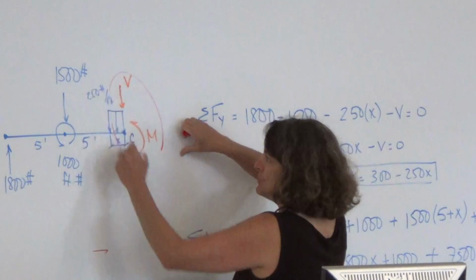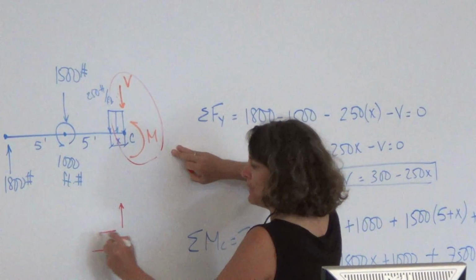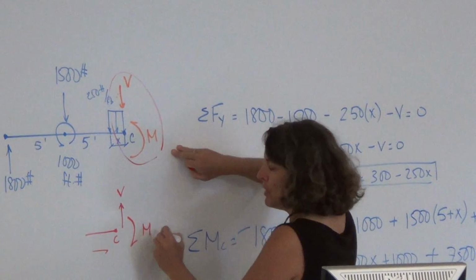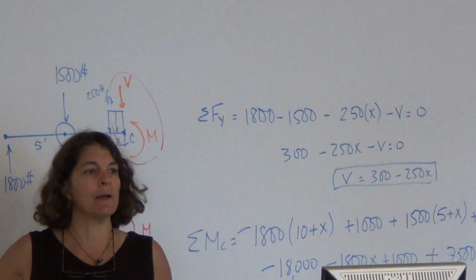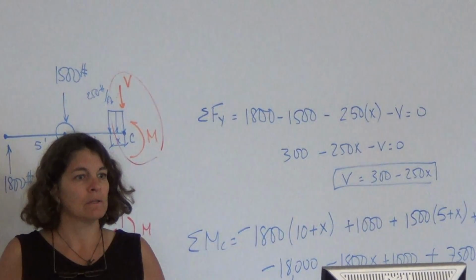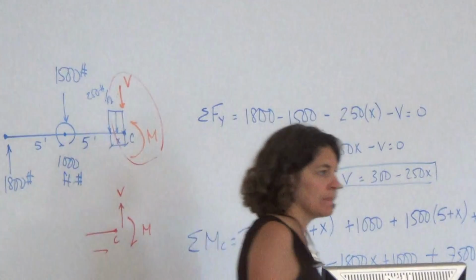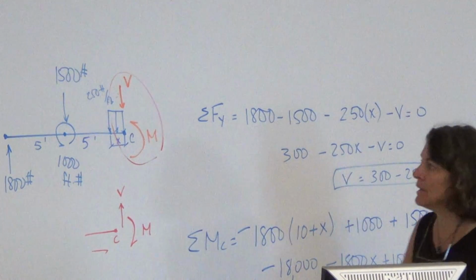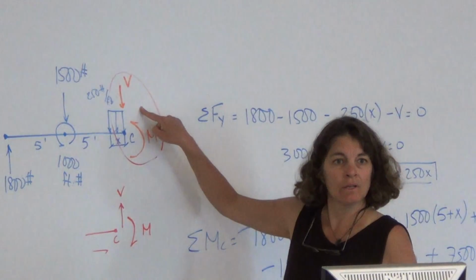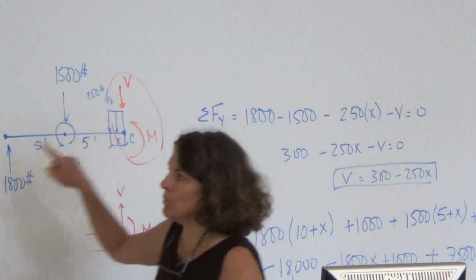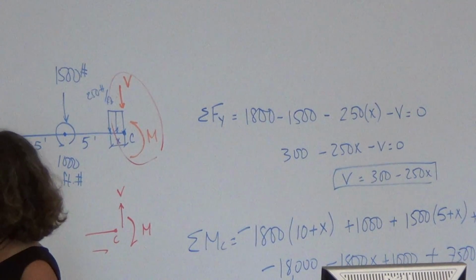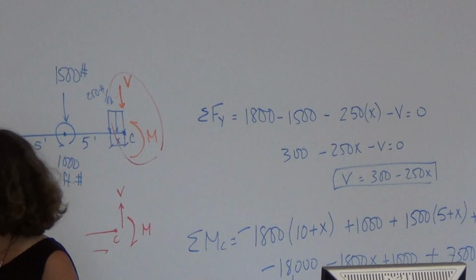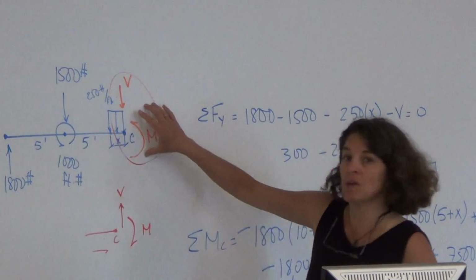If the sign convention was opposite and v at the cut was positive and the moment was negative, what would you say about all the diagrams we're making? They would be flipped. So in statics, which is what we're learning, this is the sign convention. And this is chosen so that when the load goes up, the diagram goes up. Load comes down, the diagram comes down. When you have a positive area, you have a positive slope. So this is the sign convention.